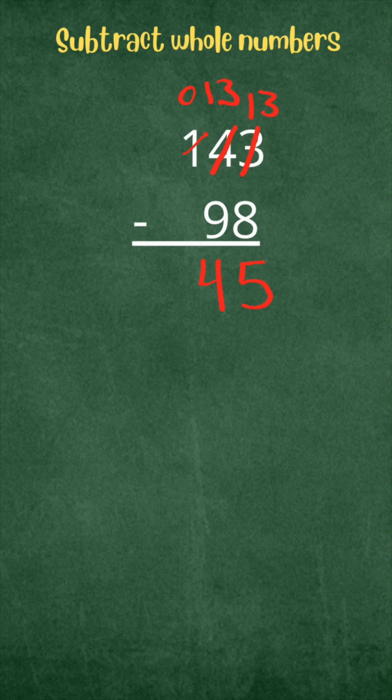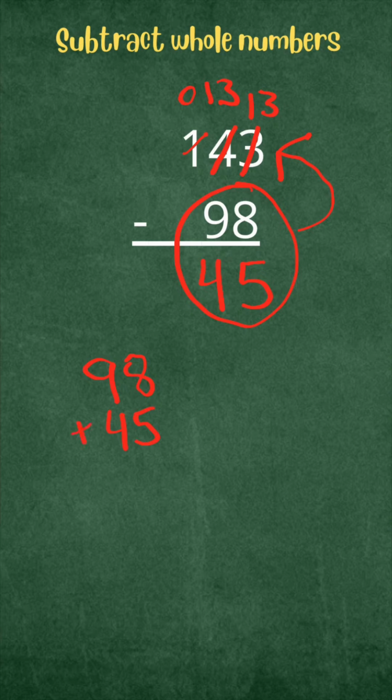Now, one good thing you should always do when you're subtracting whole numbers is to check your answer. So I'm going to check it by adding these two numbers together to see if they equal 143. So let's put 98 over here. We're going to add it to 45 because we're going to check our answer. 8 plus 5 is 13.